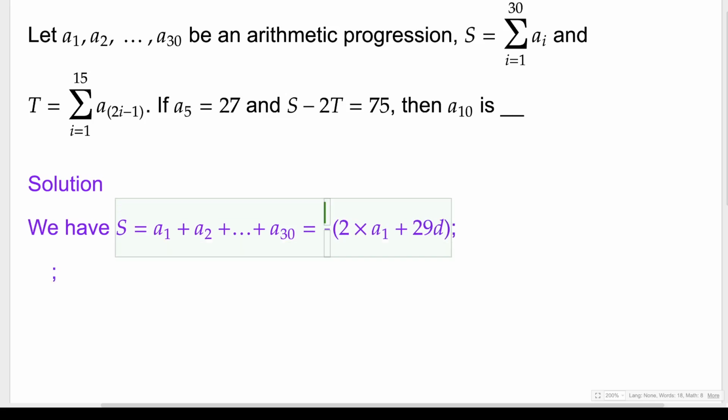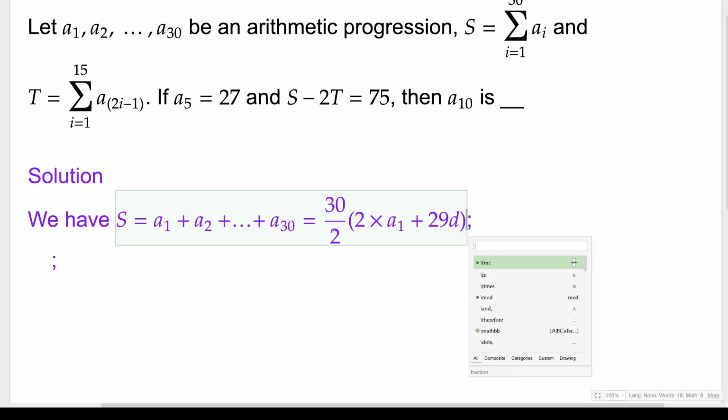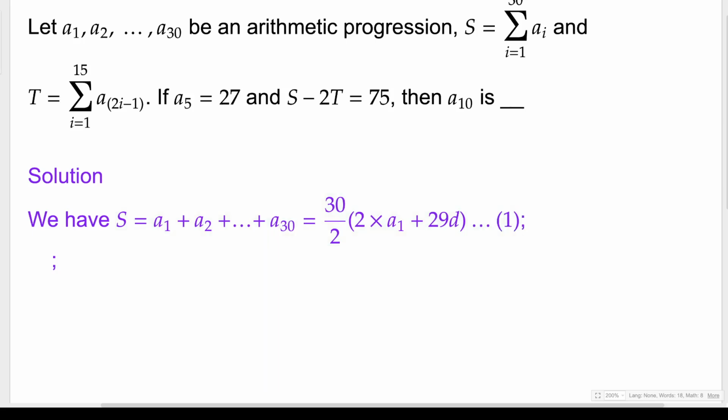So for clarity I would write 30 over 2. I'll mark this as equation 1.